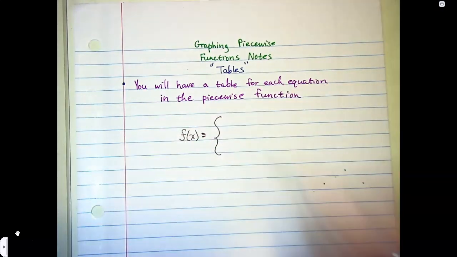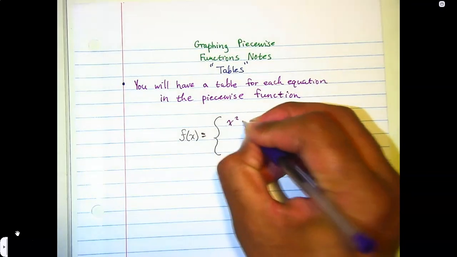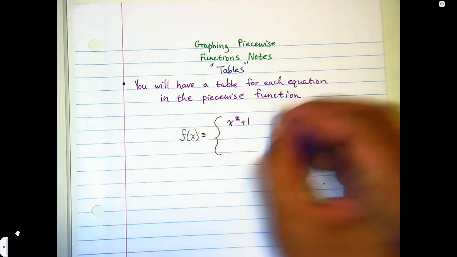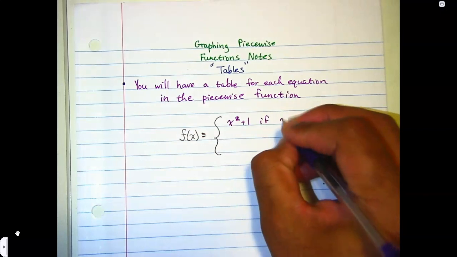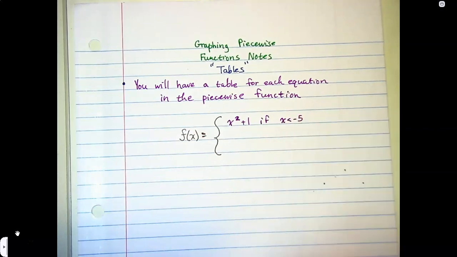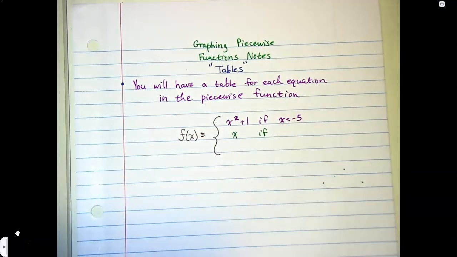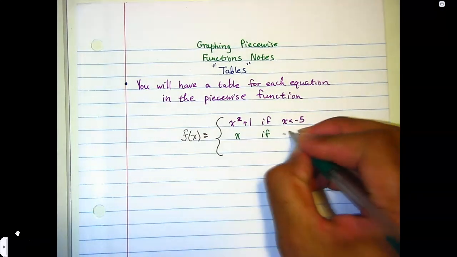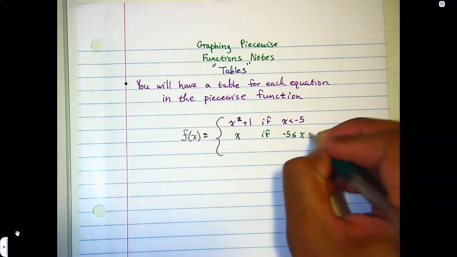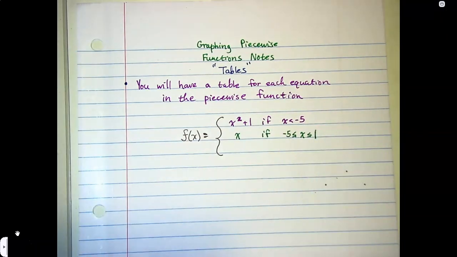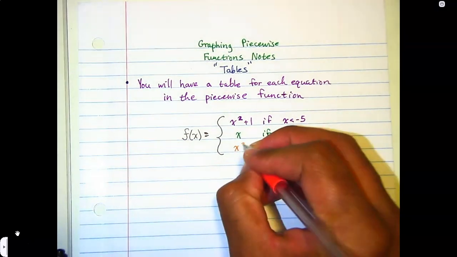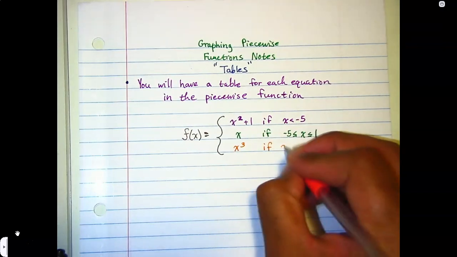My first one is going to be x squared plus 1 if x is less than -5. Our second equation is going to be x if x is between -5 and 1, including -5 and 1. And then we have x cubed if x is greater than 1.